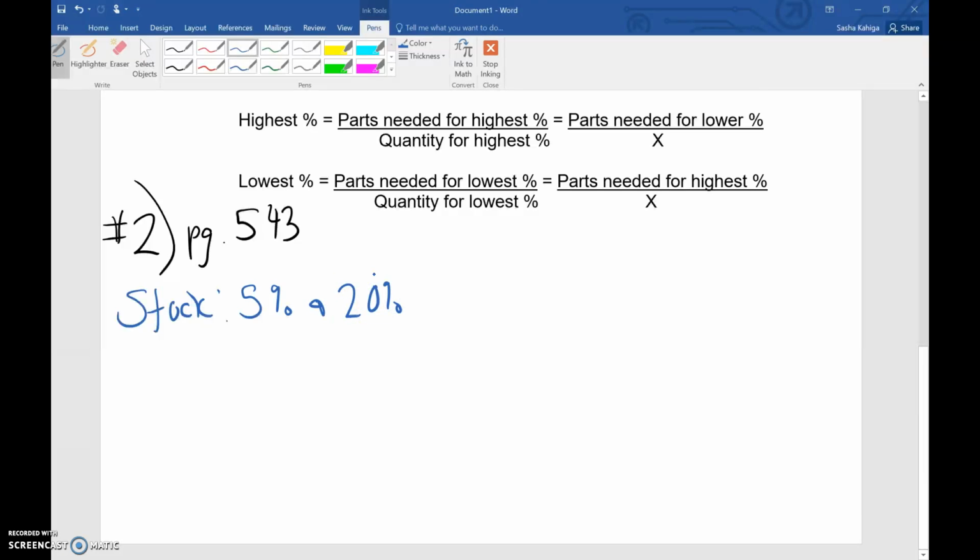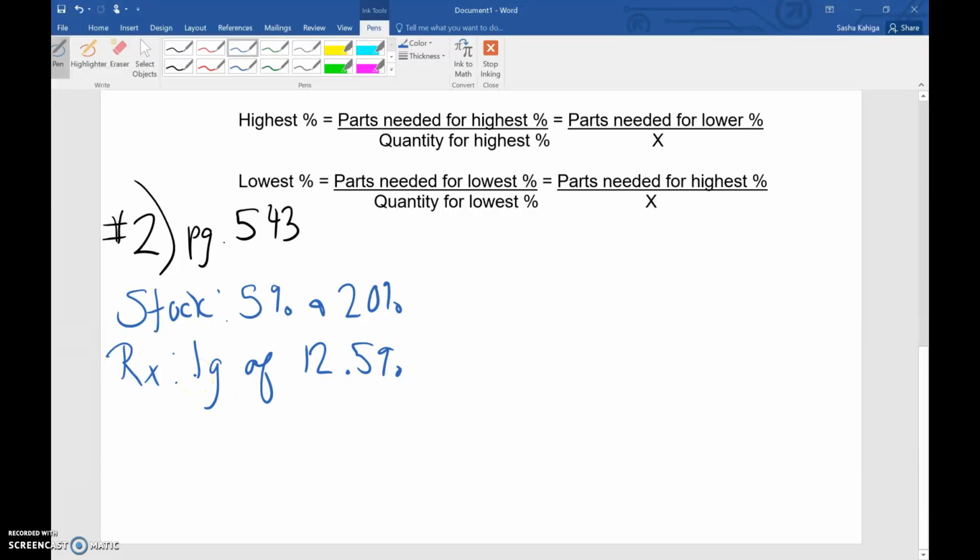And it says for us to prepare, so whatever you're preparing is your prescription, what the doctor is asking. It says to prepare 1 gram of a 12.5% ointment.